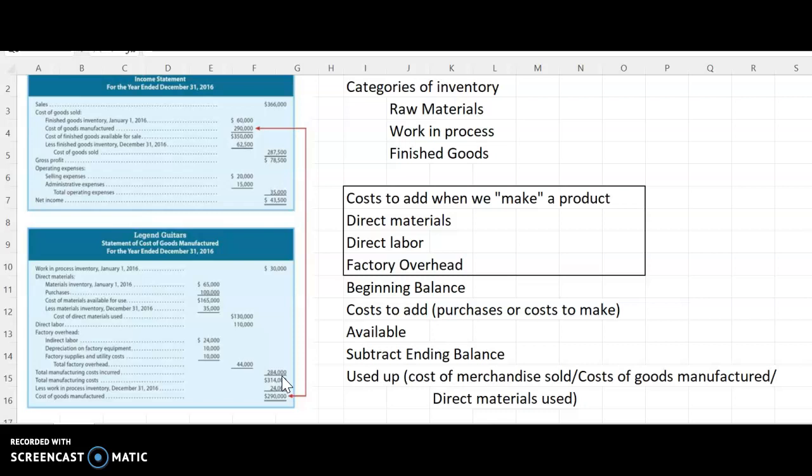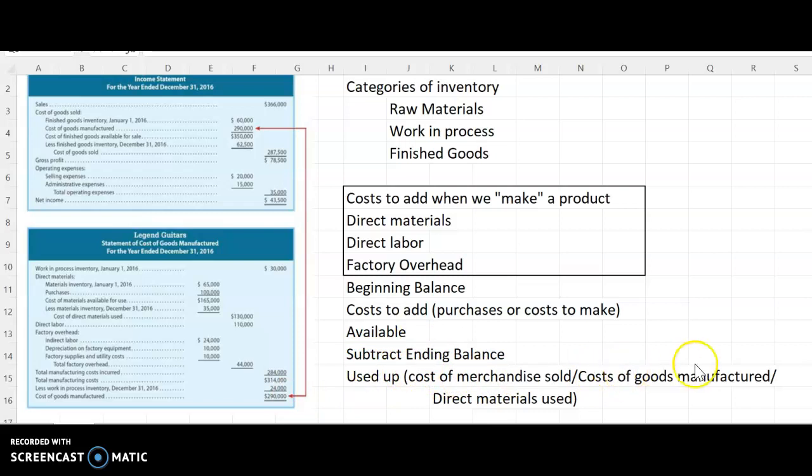My direct materials, direct labor, and factory overhead tells me how much I incurred during the period, and when I add them up to what I started with, beginning WIP, work in process, that gets me to my total manufacturing costs. So I'm right here, total manufacturing cost. I subtract out my ending WIP, and then that gets me to cost of goods manufactured. So I've included that right here under used up.